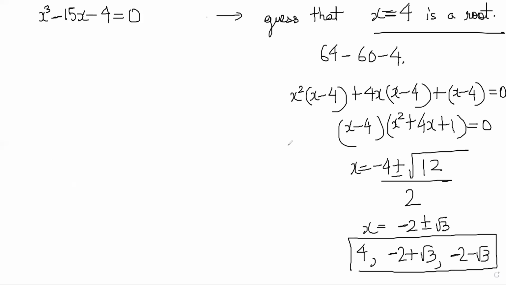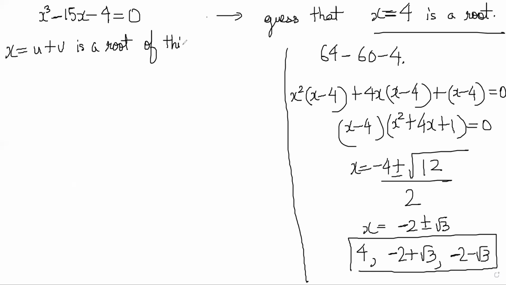Yeah. So now let's look at what Cardano's method says, right? So Cardano's method says that x is equal to u plus v is a root of this equation if the same conditions happen, basically minus p is equal to 3uv and q is equal to u cube plus v cube. So I'll not show all the steps. I'll just write this.